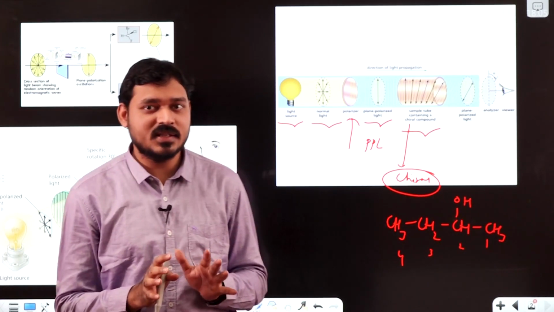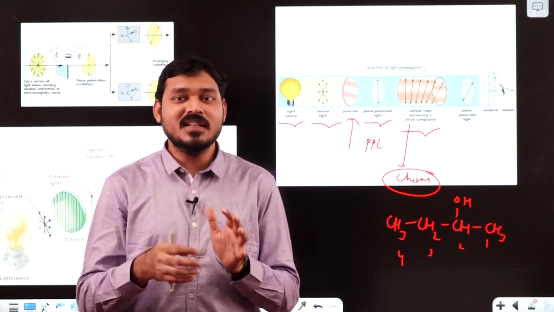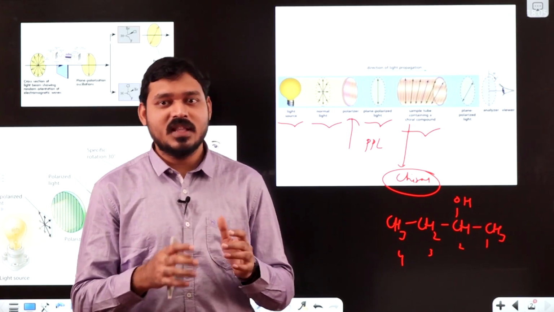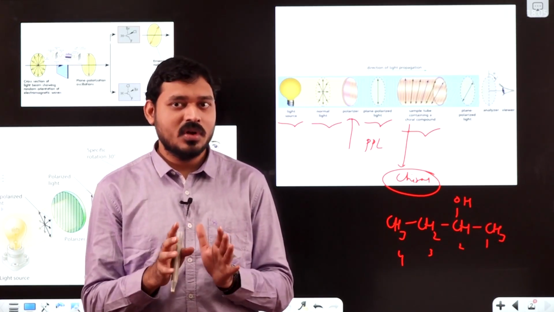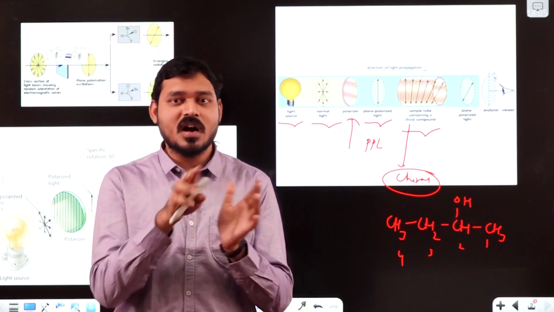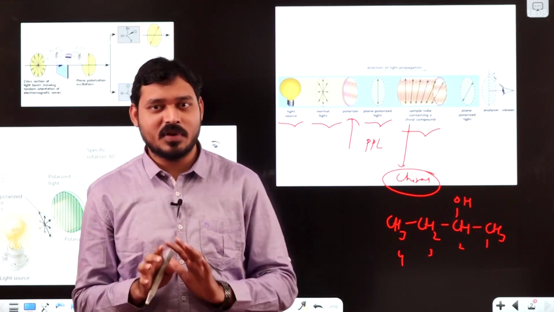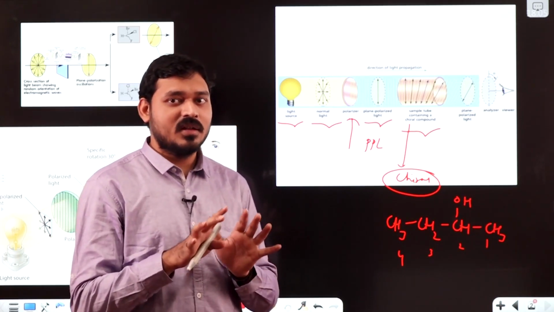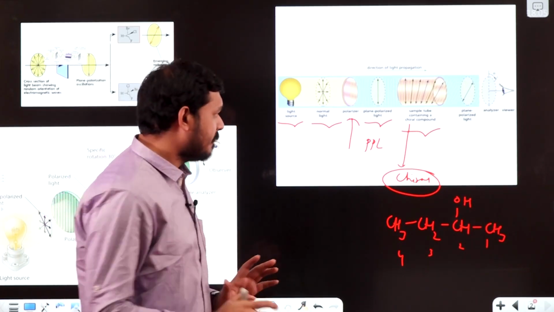The condition is, if the compound is unsymmetrical, then it will be chiral. So a chiral compound is an unsymmetrical compound, and the reverse, an achiral compound, means a symmetrical compound. Any compound which is chiral will show optical activity.